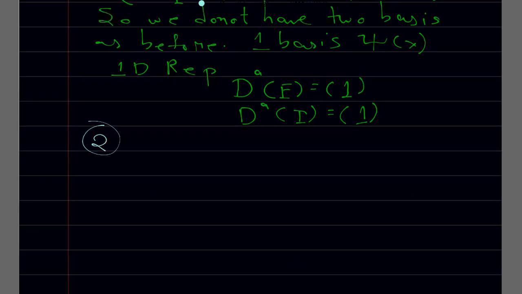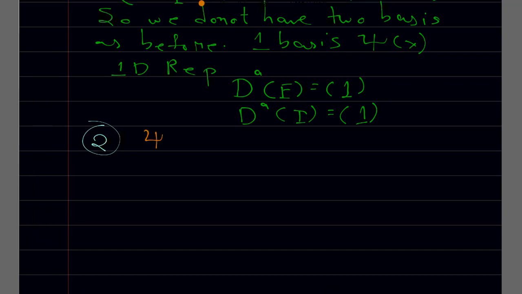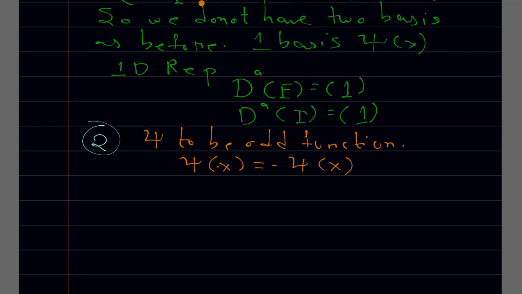And in this case, let us choose our psi to be an odd function. So what is a property of an odd function? That if you get psi of minus x, then it will be minus psi of x. Here also, let's act this operator on psi of x.